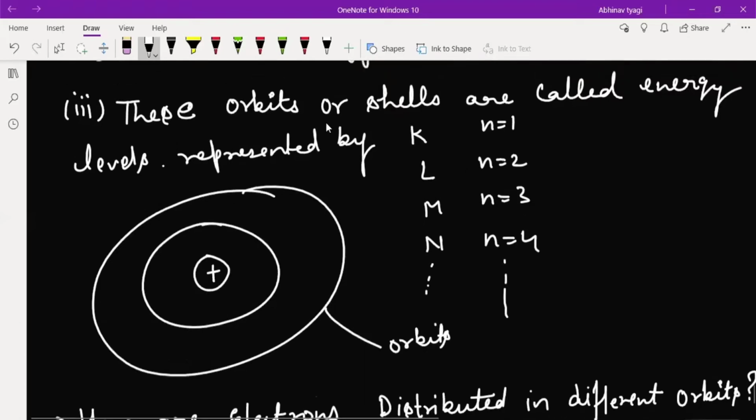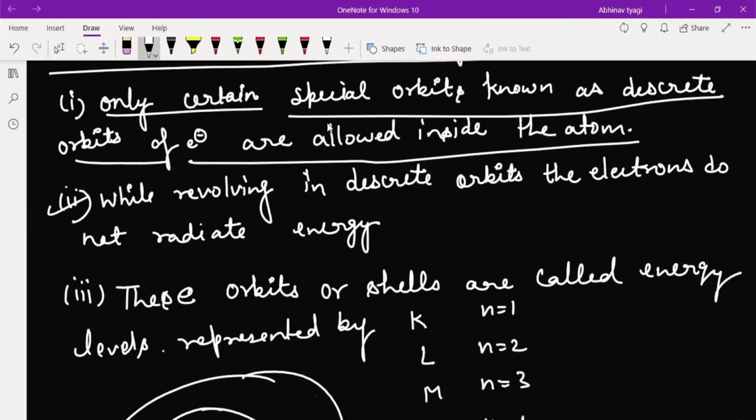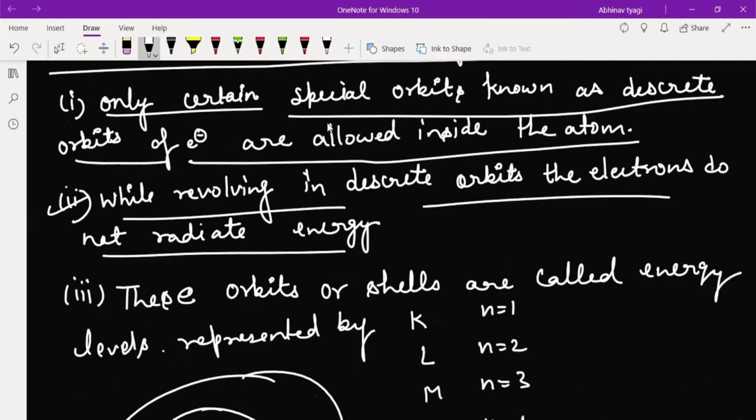The second point is, while revolving in discrete orbits, the electrons do not radiate energy, and this is very important because हमने पीछे रदरफोर्ड मॉडल ऑफ एटम में ये ड्रॉबैक देखा था कि when an accelerated charged particle moves, it will radiate energy, और एक टाइम आता है कि जब फाइनली वो न्यूक्लियस के चारों तरफ रिवॉल्व करता हुआ न्यूक्लियस में गिर जाता है, and the complete assumption of atom will be vanished.